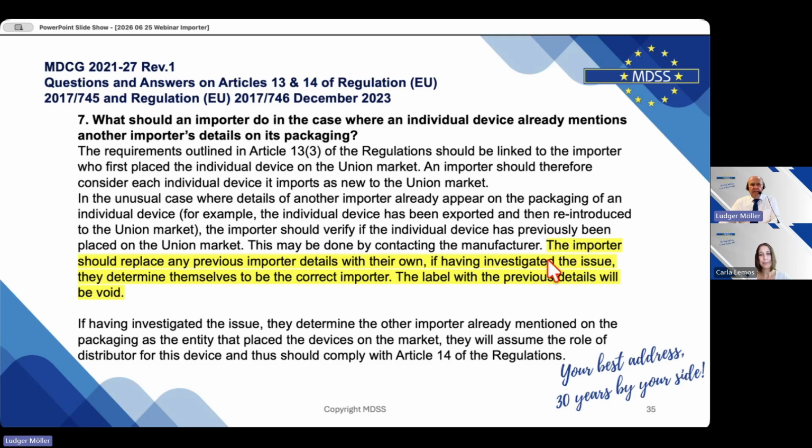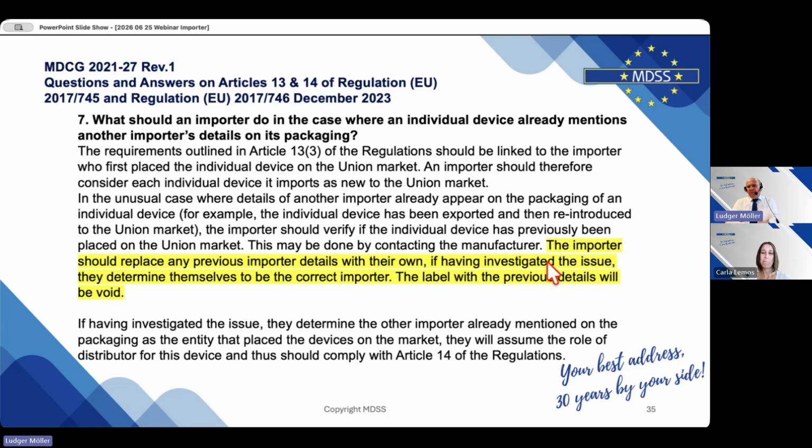So the importer should replace any previous importer details with their own. If having investigated the issue, they determine themselves to be correct importer, the label with the previous detail will be void. So that's certainly not good here. The economic documents with the previous details will be void.